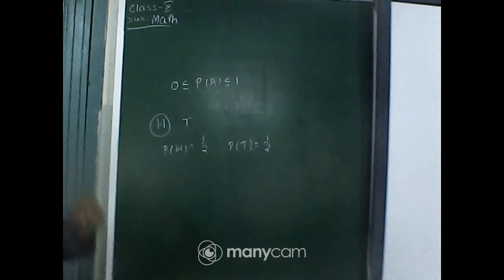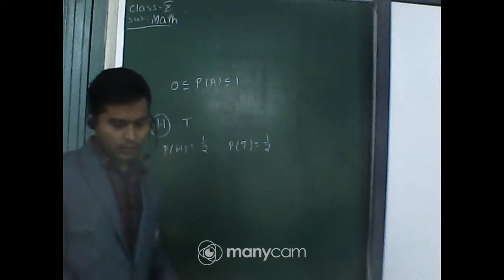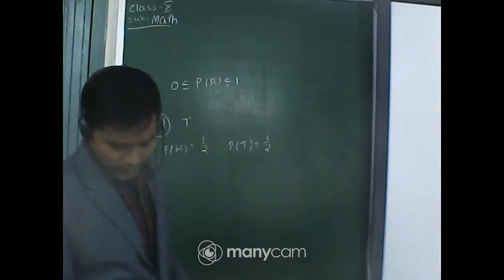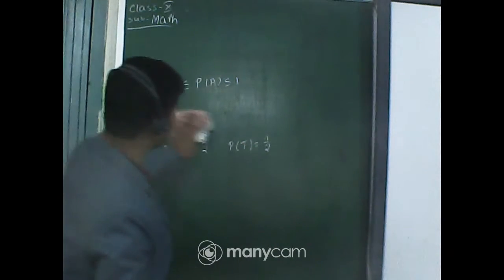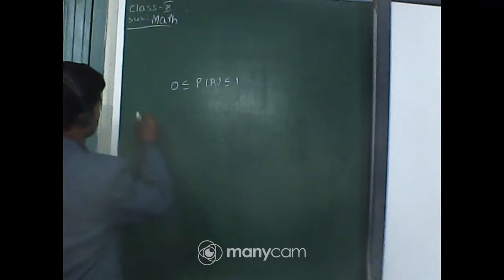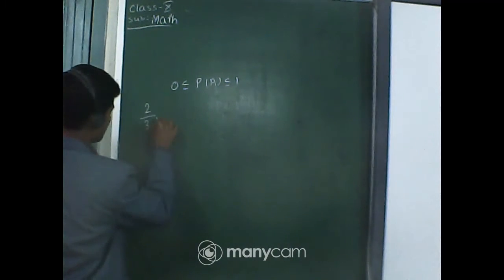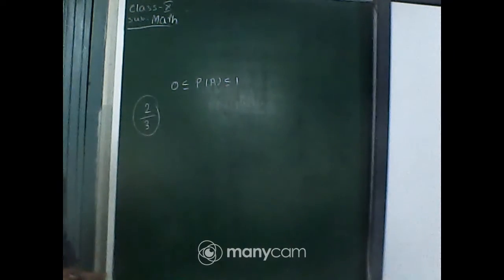Okay, now the next question is: which of the following cannot be the probability of an event? The first option is 2 by 3. Okay, what are your opinions? Can that be the probability of an event or not?